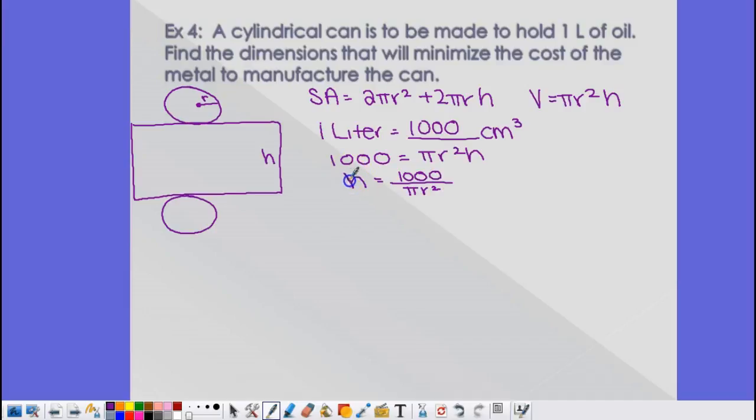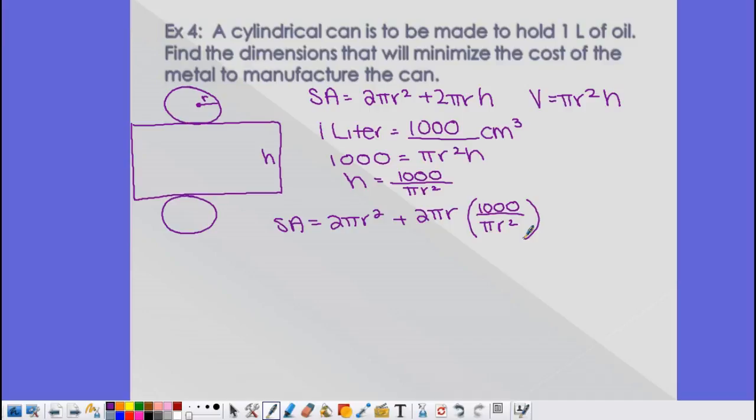And we're going to get rid of the h in my surface area. Because again, it says what will minimize the cost of metal. So we're trying to minimize the material to make the can. So we can now say that surface area is 2 pi r squared plus 2 pi r times 1,000 over pi r squared.